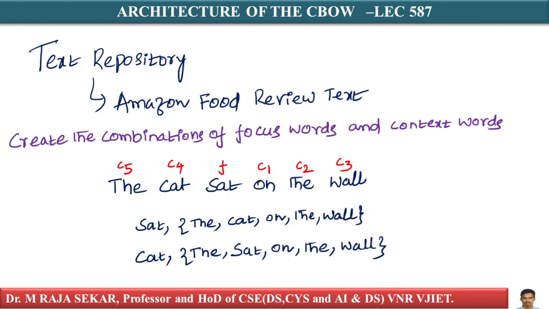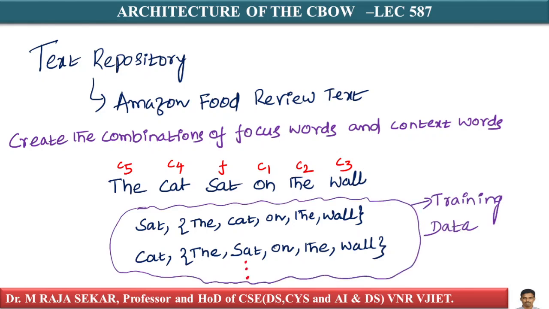So I can create lots of combinations of focus words and context words. This becomes my training data, capital D. Given a repository of text, I create a data set of focus words and context words.